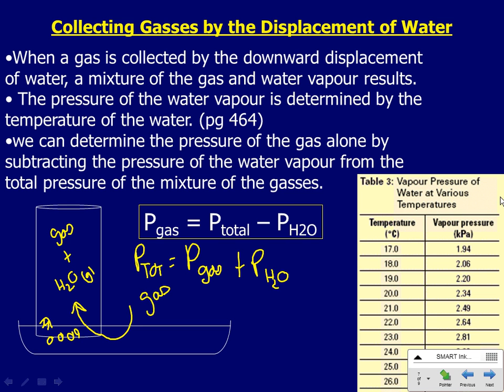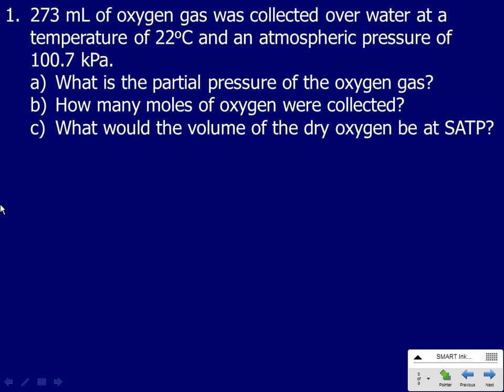Okay, so let's do a practice problem with this. Here's a bunch of water vapor pressures at different temperatures. It's just one example problem that I'm going to do. Then I'm going to let you work for about 5 minutes or so, and then we'll continue on with what's called the molar volume.